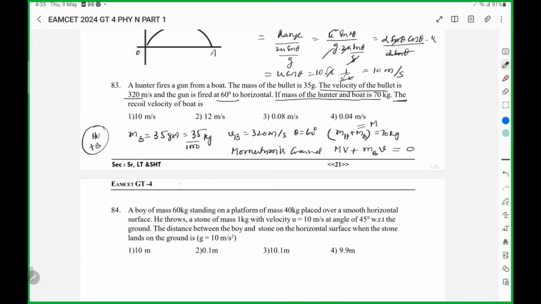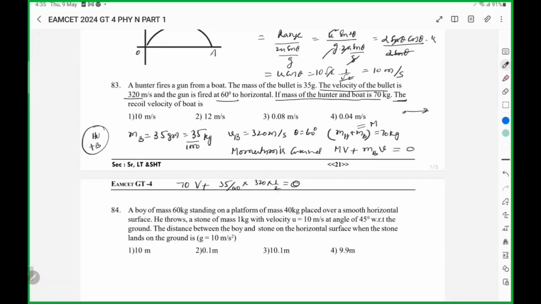M here is 70, recoil velocity V, mass of the bullet 35 by 1000, into the horizontal velocity 320 cos 60, which is 160.